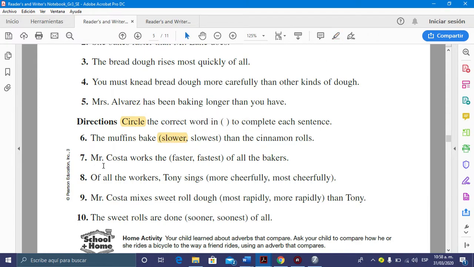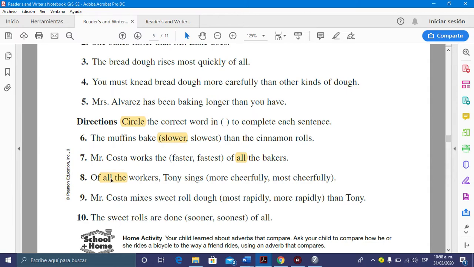Number 7, Mr. Costa works of all the bakers, all. In this sentence, in number 7, we are comparing more than two things. And when we compare more than two things, we use what? Superlative. Number 8, of all the workers, Tony sings. What is the answer? You have to pay attention. All. We are comparing more than two things.